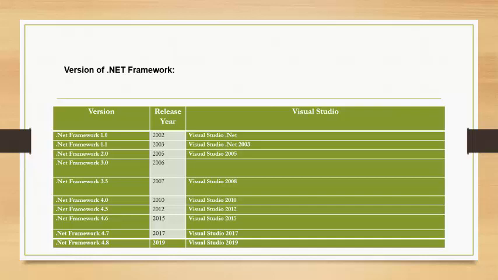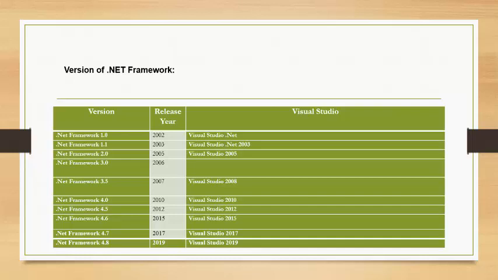We have to be clear that all the previous versions of the .NET framework can run on the latest version of the .NET framework. But if you develop an application in framework 4.8, that particular application you cannot run on framework 2.0.